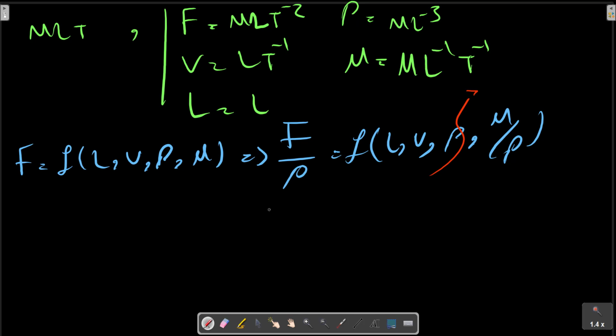In this case, the dimensions become L^4 T^-2 for F over rho, L, V, L T^-1, and mu over rho, L^2 T^-1.